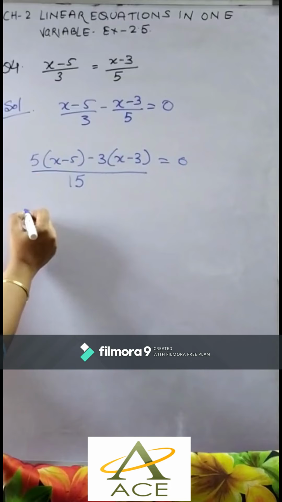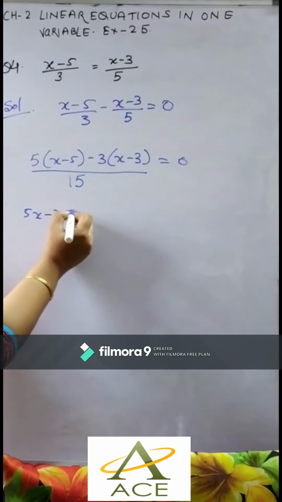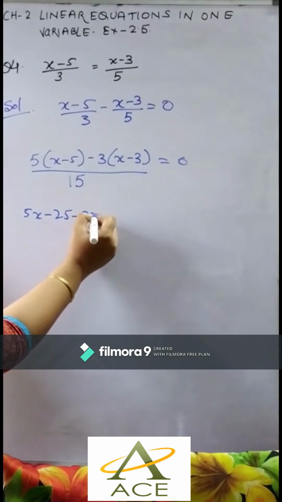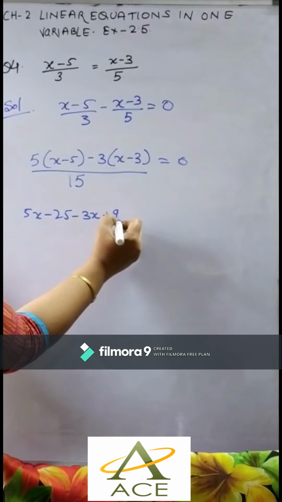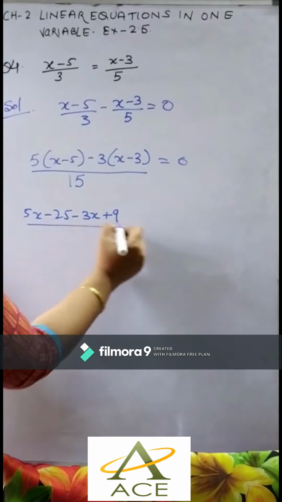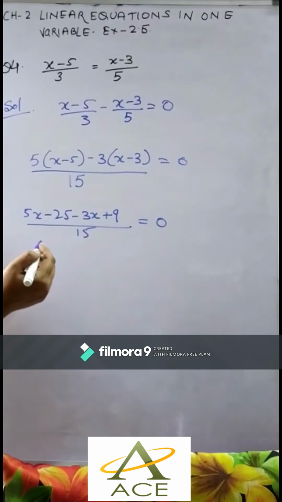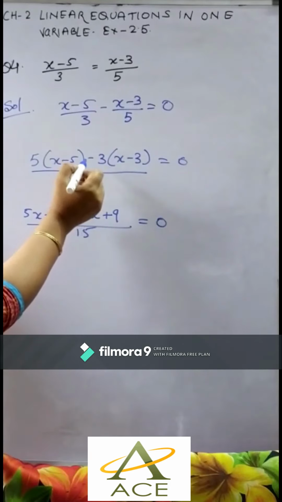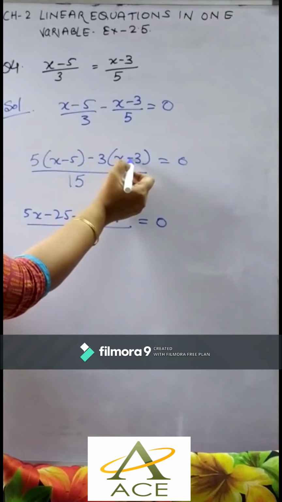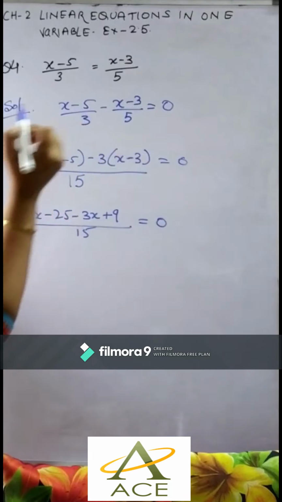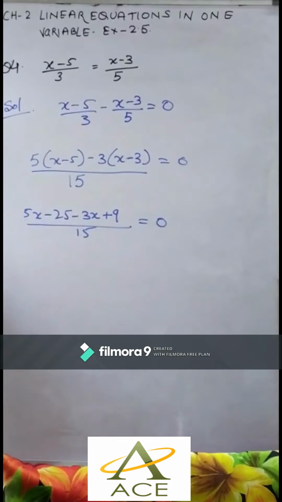Now we will open up the bracket. 5x minus 25 minus 3x plus 9 upon 15 is equal to 0. Whenever we open the bracket and there is a minus sign outside, the sign of the number inside changes.